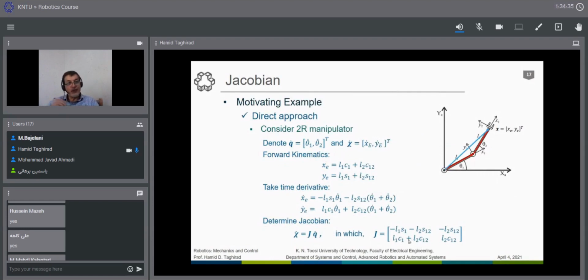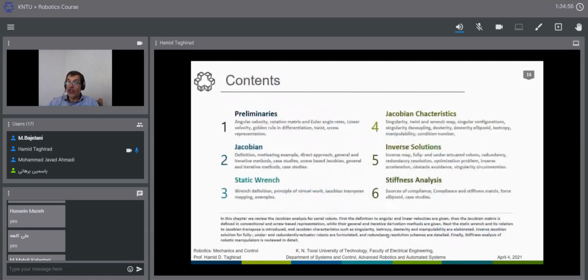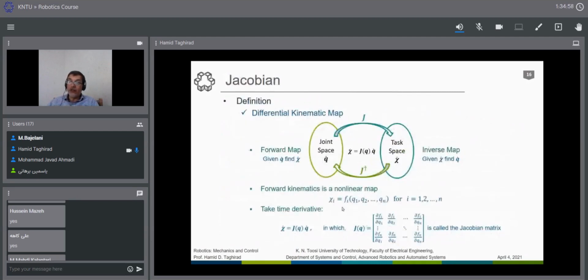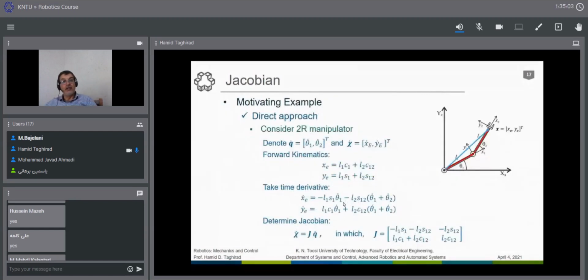I would like to use some more specific ways, especially with the Denavit-Hartenberg or the screw-based coordinates, to find a very simple and very general form without finding the derivative of the kinematic structure. Although the definition is the derivative of the kinematic relation, we will find methods to find the Jacobian in a general way.